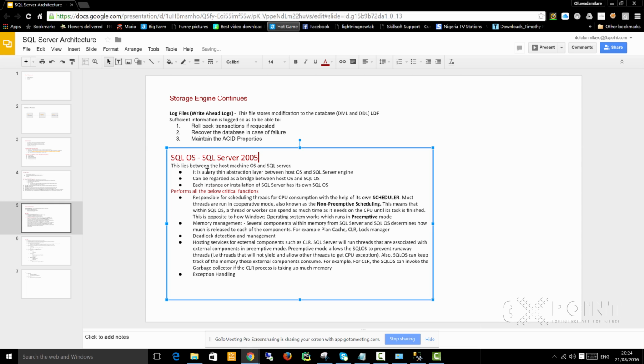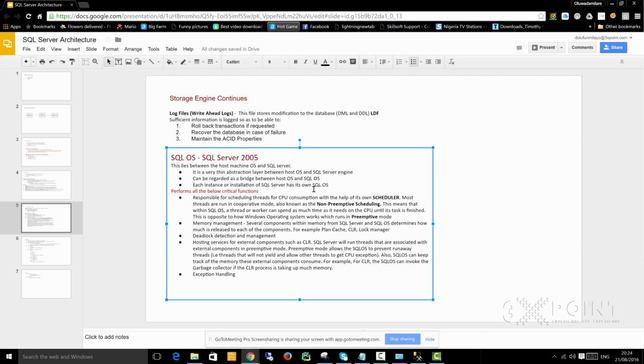In 2005, this SQL OS was introduced, and it's now a very, very huge part of today's SQL Server, and it's growing on and on like that. So this lies between the host machine OS and the SQL Server. It's like a thin abstraction layer between the host operating system and SQL Server engine.